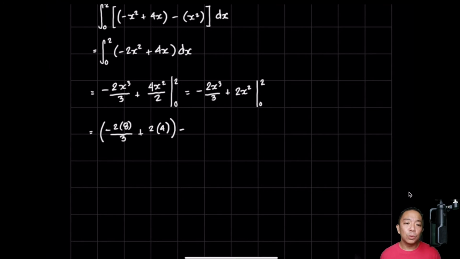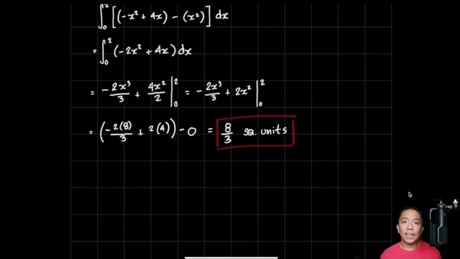We'll get negative 2 times 8 over 3 plus 2 times 4 minus 0 na yung remaining expression. Kasi pag sinubstitute natin yung 0, mag-0 lahat ng fractions. And simplifying this, we'll get our answer to be 8/3. And since we're looking for the area, this is 8/3 square units. So let's box this to highlight that that is our final answer.